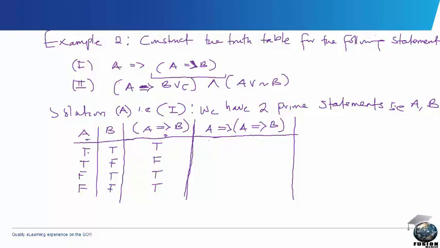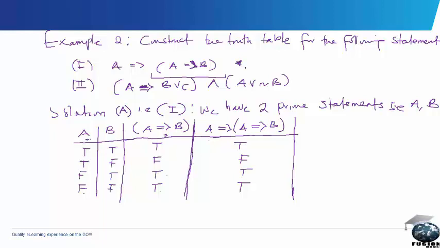And under implication, when it's true and true, it is true. Under implication, when it's true and false, it is false. And under implication, when it is false and true, it is true. Under implication, when it is false and false, it is true. And so this is what we have as the truth table for this expression, for the first expression A.